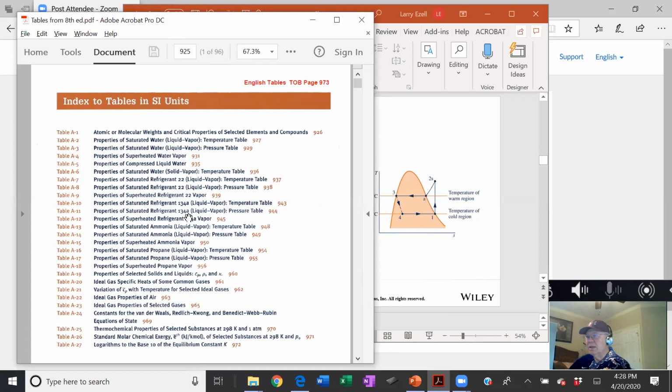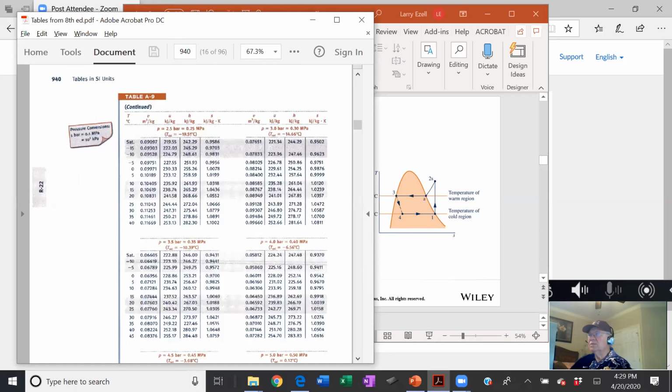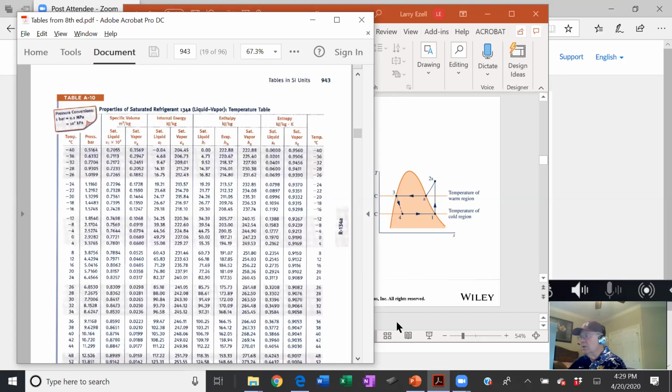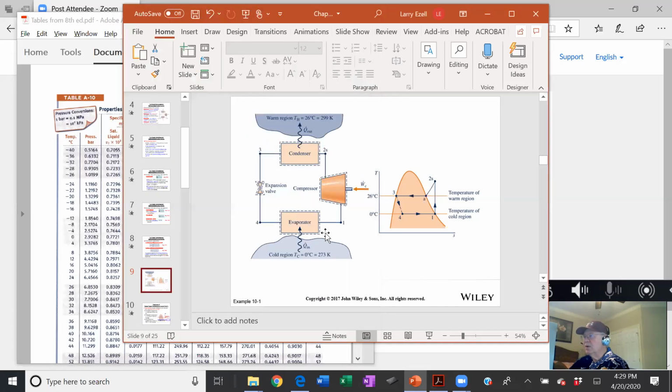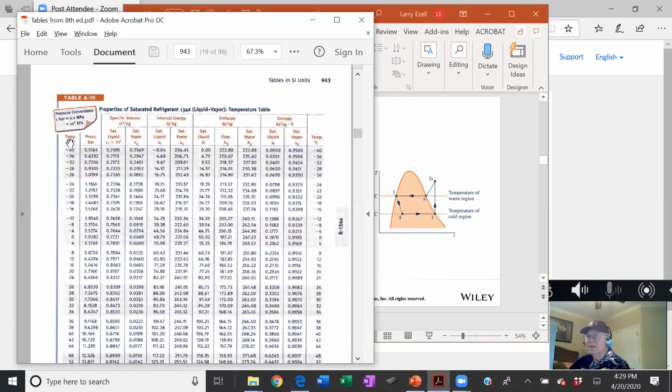Let's look at the temperature table. That's on page 943. So let's go to 943. Whoops, 943. So what did he say? 0 degrees C. All right, let's find 0 degrees C. Here we are right here.